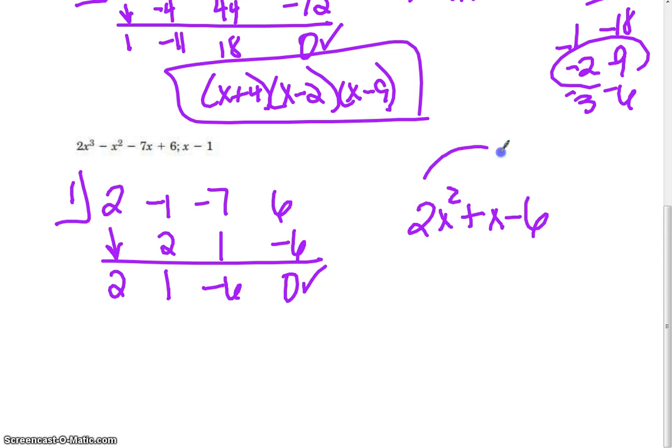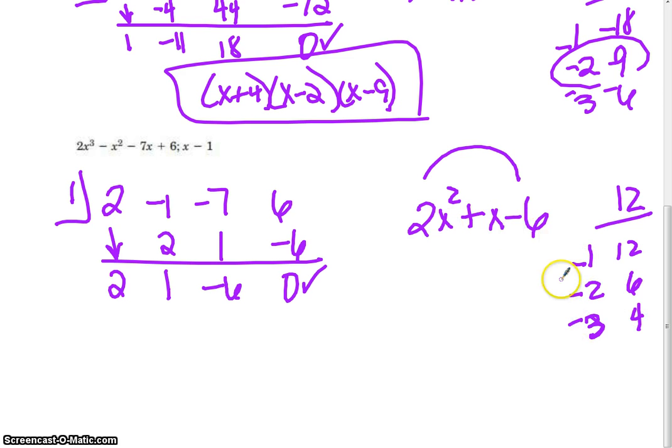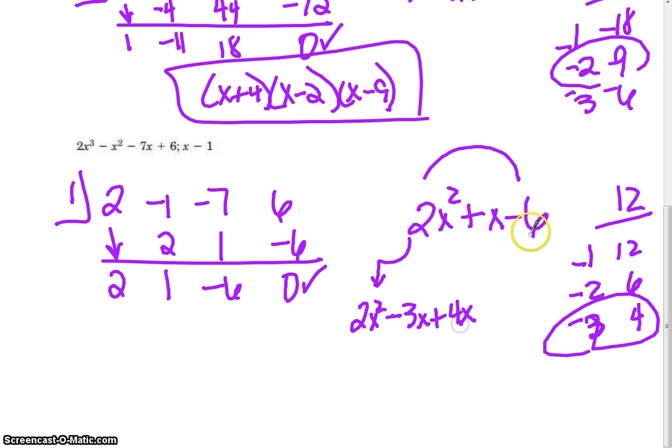All right, you got to think a little bit on this one. You're actually going to find the factors of 12: 1 and 12, 2 and 6, 3 and 4. Signs are different. The large is positive, the small is negative. They got to equal 1. But you don't get to write your factors yet because of that 2. Remember, you're going to bring that 2x squared down. You're going to pull over the factors, so minus 3x plus 4x, and then you're going to bring down that minus 6.